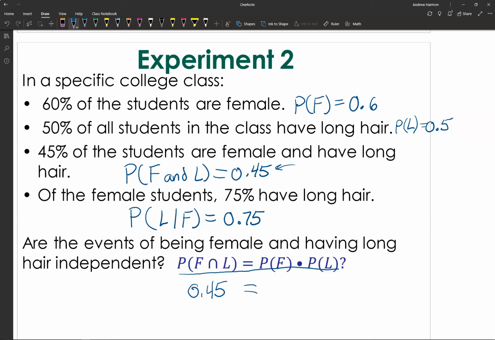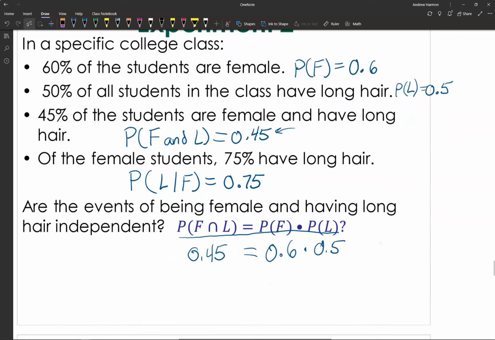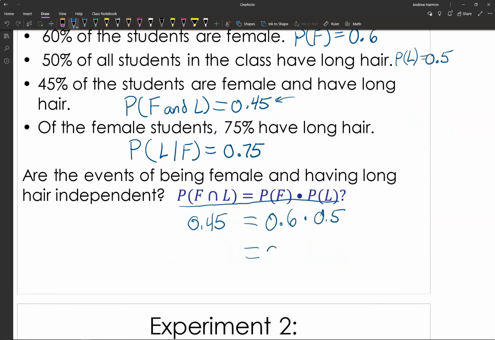And we see, does that equal the probability of female, which is 0.6, times the probability of long hair, which is 0.5. So we multiply those two probabilities. We get that this side is 0.3, and then this side is 0.45. Those two things do not equal each other. So being female is dependent on having long hair.